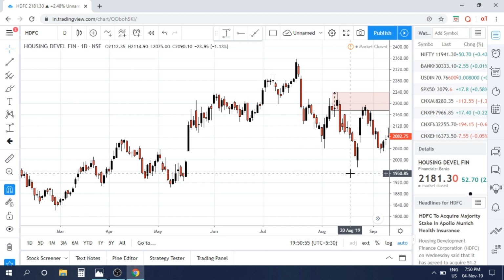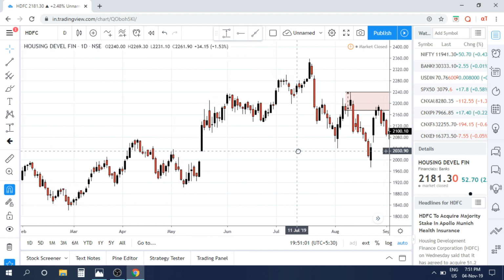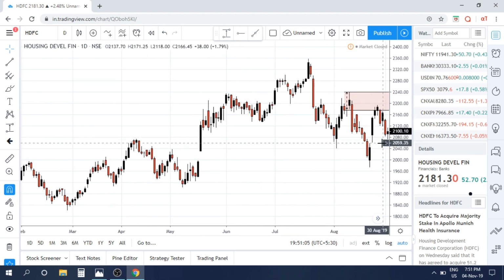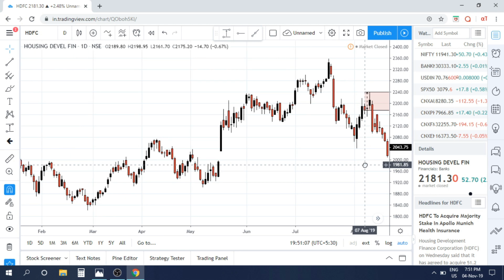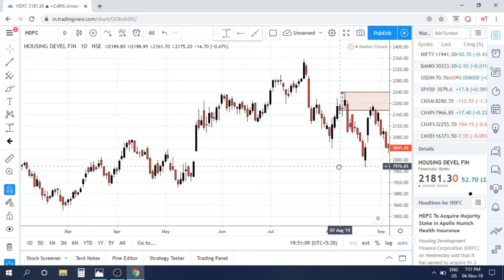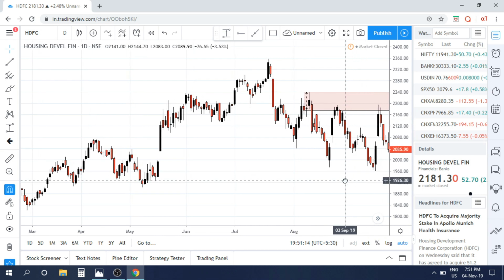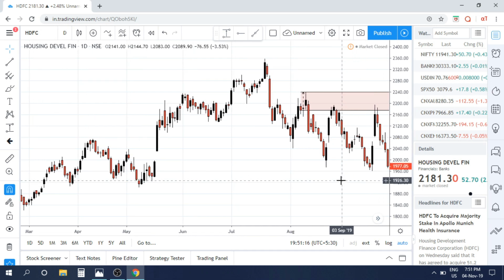And just to put some terms before you that we often use. When prices come back to a zone for the first time, it's called first time back, or FTB in short form. When prices come back to a zone for the second time, in our trading jargon, we call it 2TB or second time back.